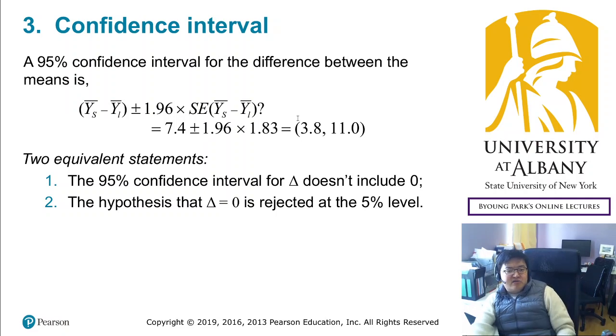As a result, you expect the difference could be somewhere between 3.8 and 11.0. So it would be greater than 3.8 and smaller than 11.0. This confidence interval is 95%, which means you are confident that this interval is true with 95% probability.